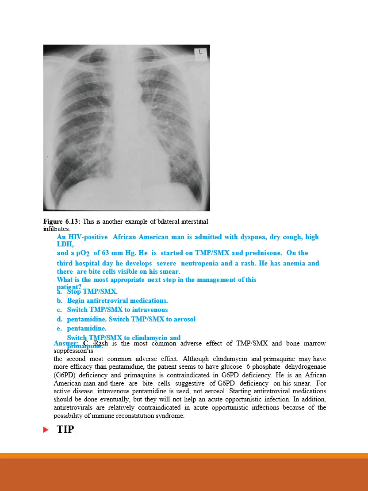So the right answer here is C. Although clindamycin and primaquine may be more efficient than pentamidine, the patient seems to have glucose-6-phosphate dehydrogenase deficiency, or G6PD deficiency, and primaquine is contraindicated in G6PD deficiency. He is an African American man, and there are bite cells on his smear suggesting G6PD deficiency.